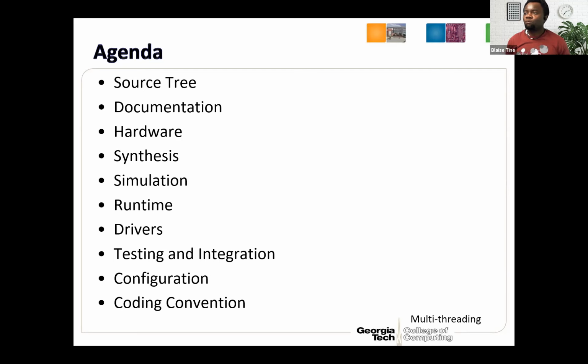I will also go over the testing source tree and also the continuous integration portion. I will also describe a little bit how we configure a particular execution of Vortex, either for synthesis or for just running simulation. And then talk about the coding convention that we use in Vortex.